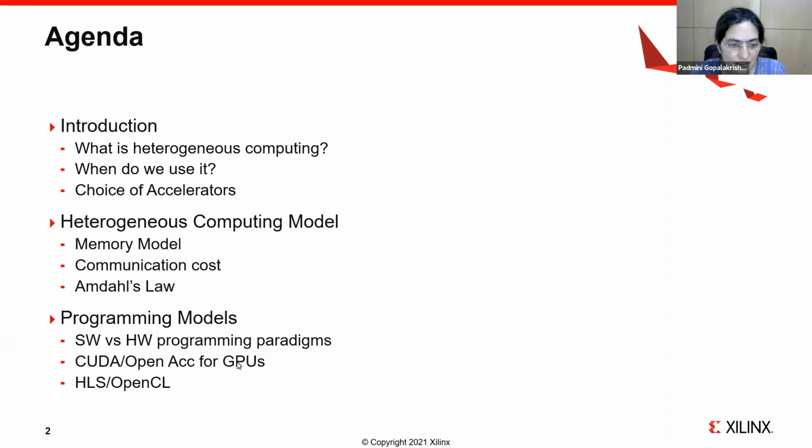Then we look at just a quick overview of some programming models. So how is it different programming in software versus something which is realizable in hardware? And then exactly what is the role for a framework like OpenCL for programming accelerator-based systems.